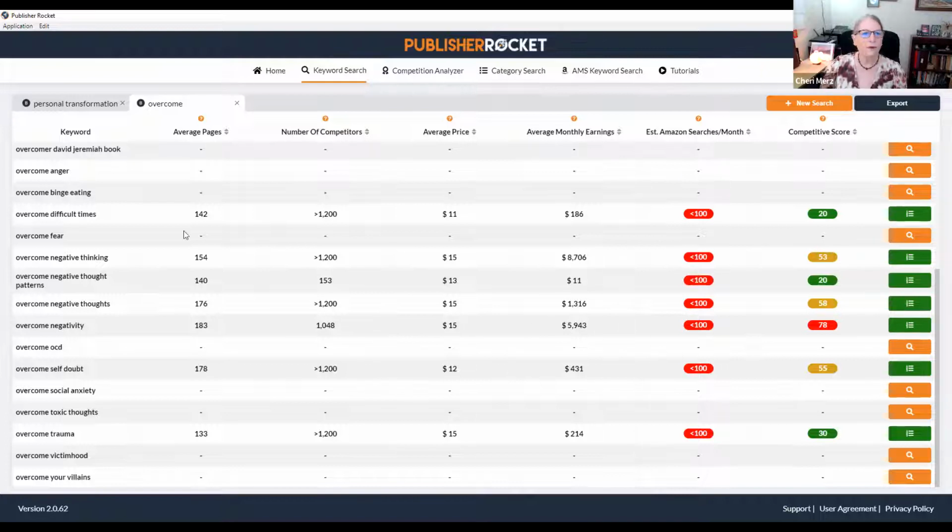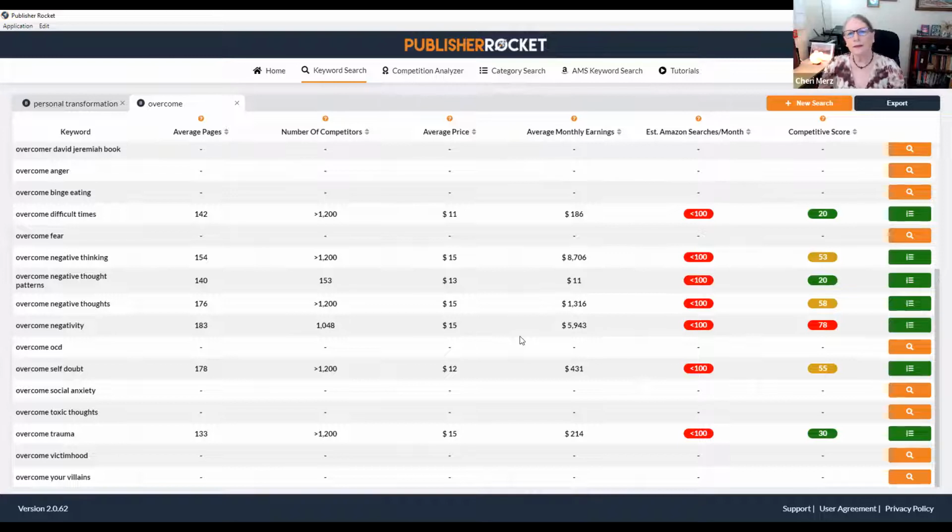So, overcoming negative thinking is probably even better than overcome negativity because it's got a lower competitive score, even though there are more competitors, but higher average monthly earnings.